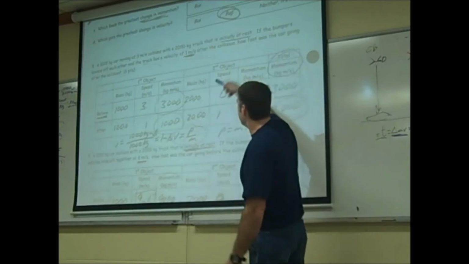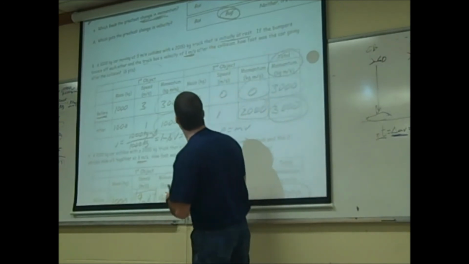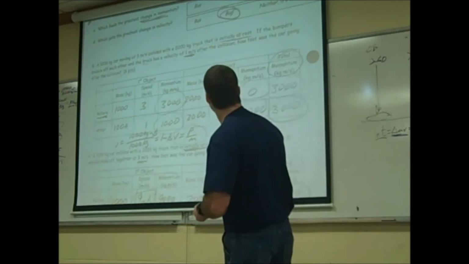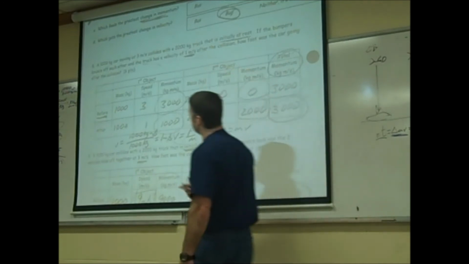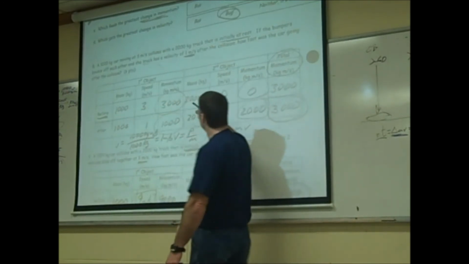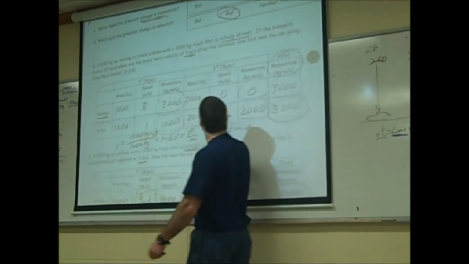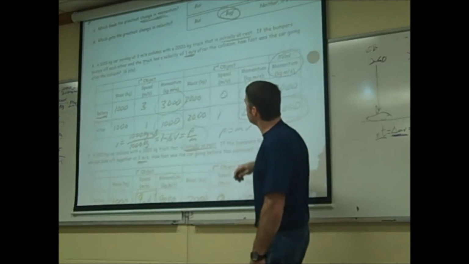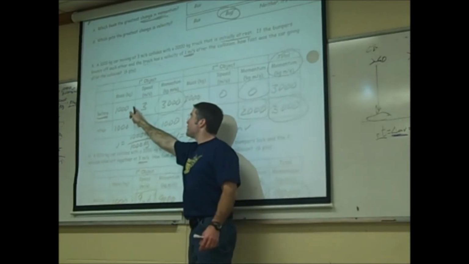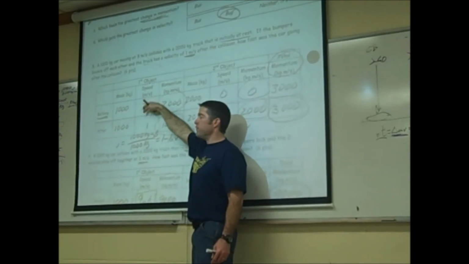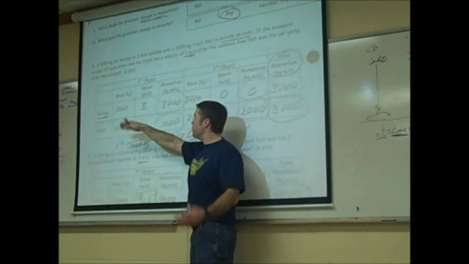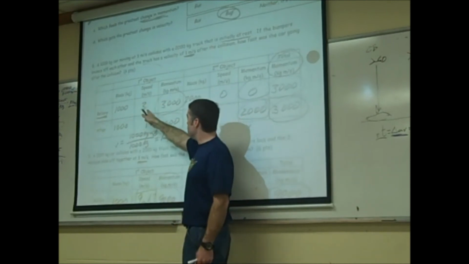So in the top row, I could fill out, I think, the entire top row. You've got a 1,000 kilogram car, 2,000 kilogram truck. The speed of the car before the collision was 3, the speed of the truck was 0 because it was at rest. And then I could just multiply mass times velocity. Don't get confused here, they listed speed, but momentum is mass times velocity; mass times speed works.